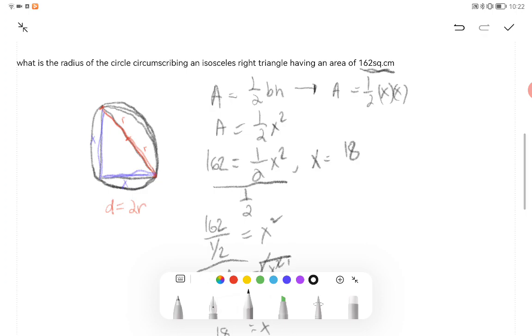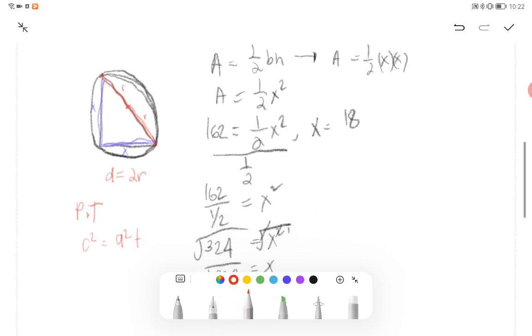The next thing we have to do is, since we have a right triangle here, as we can see, we can use the Pythagorean theorem. Our Pythagorean theorem states that the longest side, which is c squared, is equal to the a, which is this part, plus the b, which is this part.